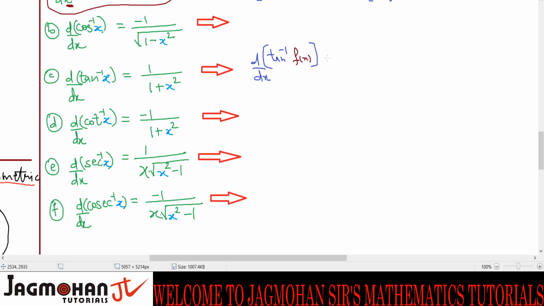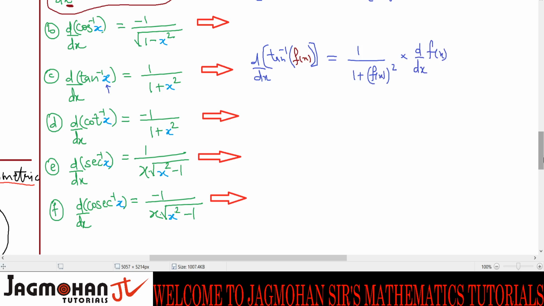Check, what was d by dx of tan inverse x? It is 1 upon 1 plus x square. So here x is replaced by f of x. So it will be 1 upon 1 plus f of x square into d by dx of f of x. That's nice. Cot inverse x you will do.